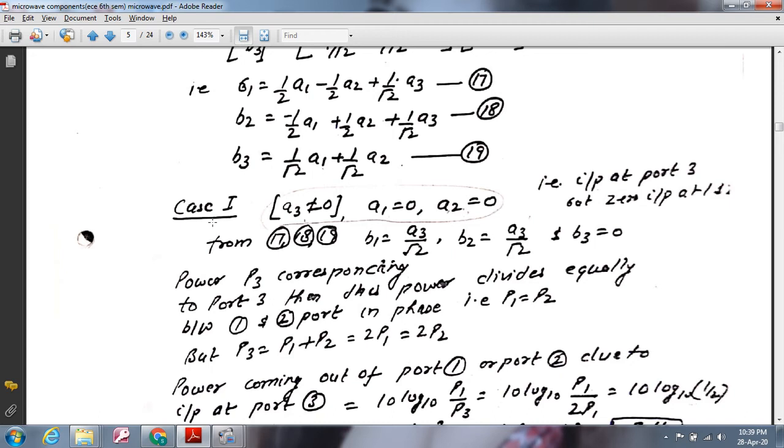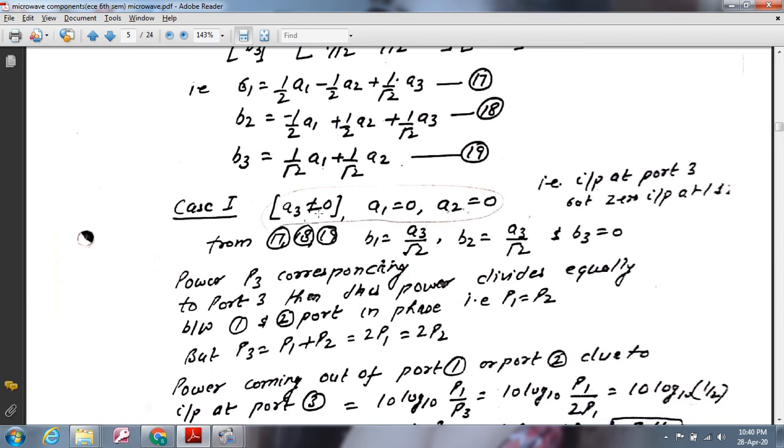So suppose in case 1 we are assuming A3 is not equal to 0, meaning we have connected some source at port number 3, and that is acting as an input, and there is no input corresponding to port number 1 or port number 2. That is why A1 is 0 and A2 is 0.